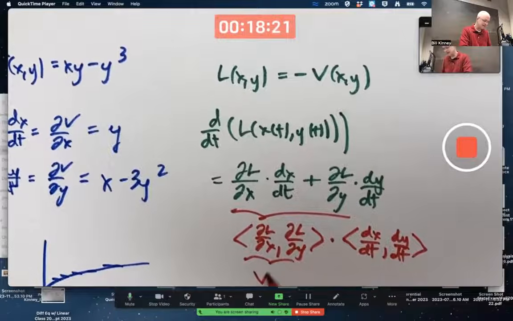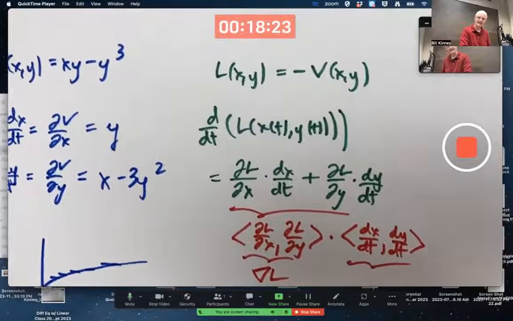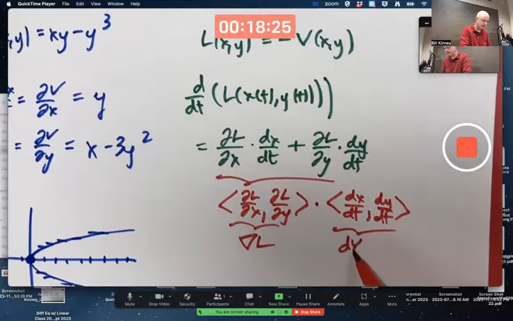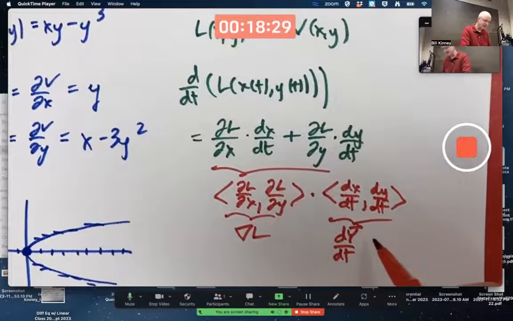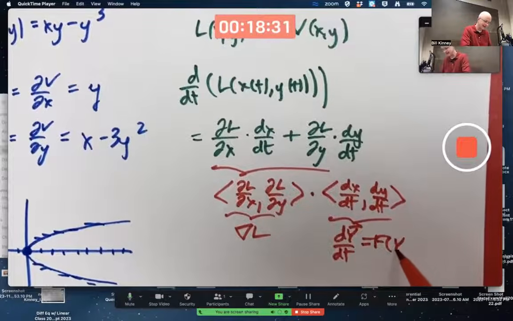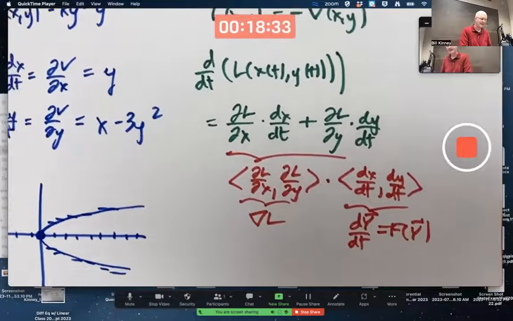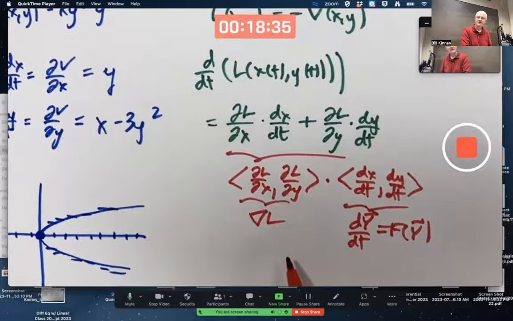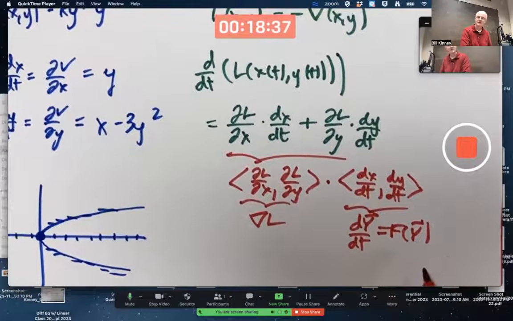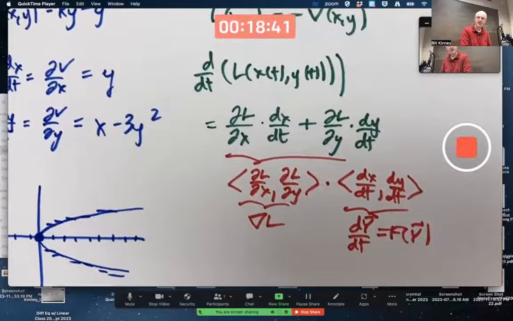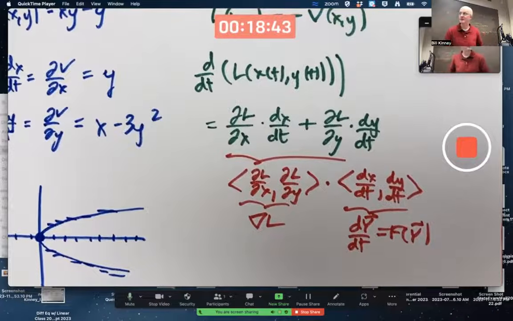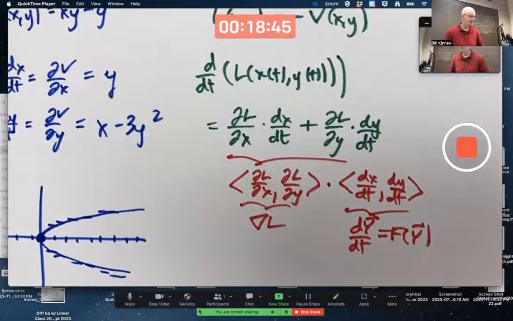And that's the gradient of L. And this is dy/dt for the solution curve, which equals the vector field. The dot product of the gradient vector with the vector field is always going to be less than or equal to 0 for a Lyapunov function. It's 0 for a Hamiltonian system.